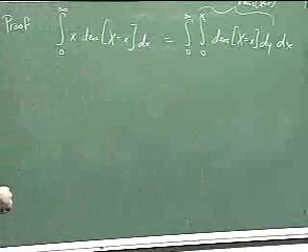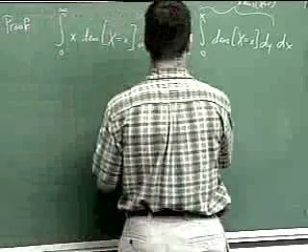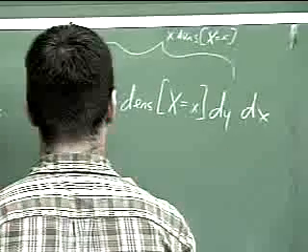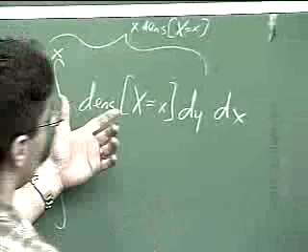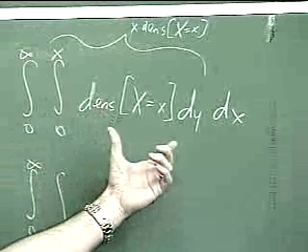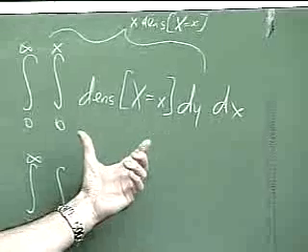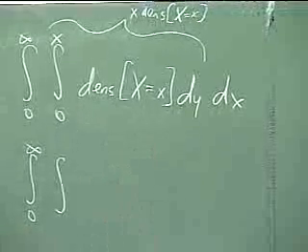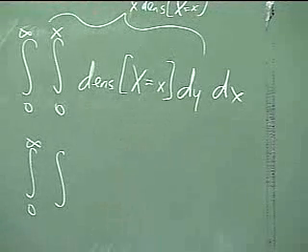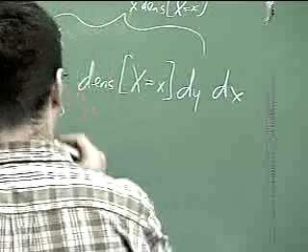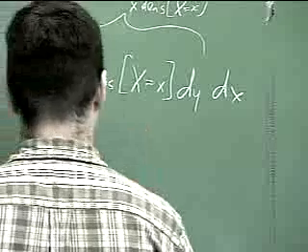Okay, now I'm going to reverse the order of the integrals. Notice the thing about x and y when I'm doing these integrals: y is always less than or equal to x, right? y goes from 0 to whatever value x is. So if I'm going to reverse the order of the integrals, then y is going to go from 0 to infinity, and x has always got to be larger than y.